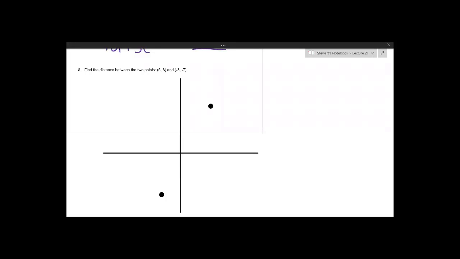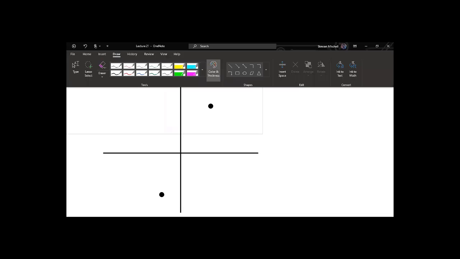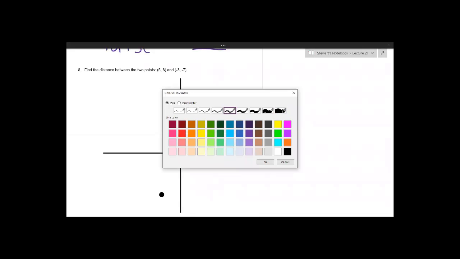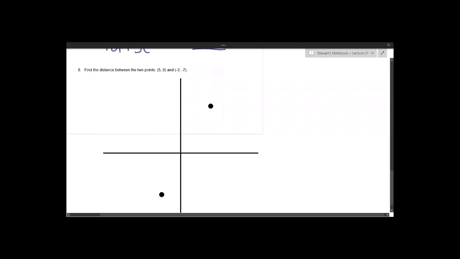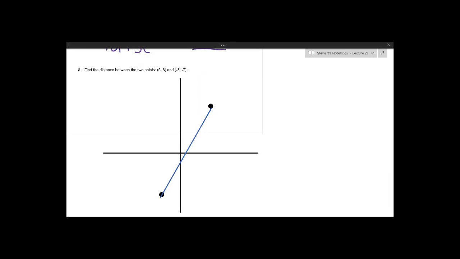So what we're doing here, and as we can kind of see, we can see that there's a diagonal line between these 2 points.